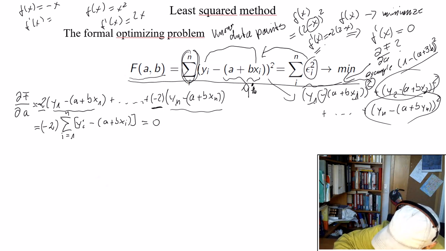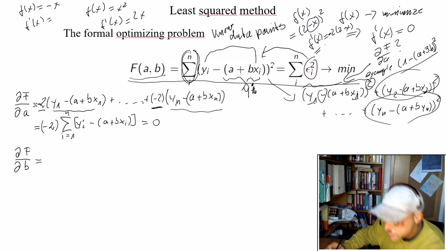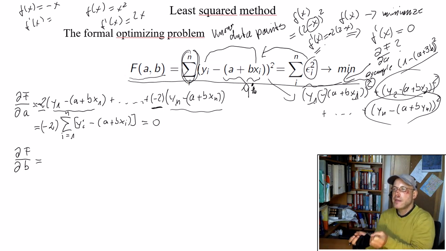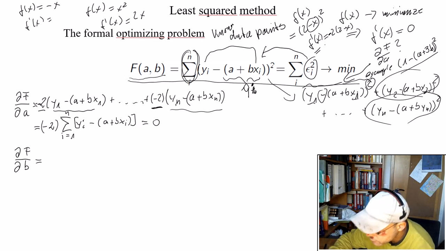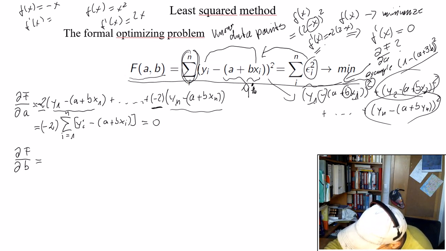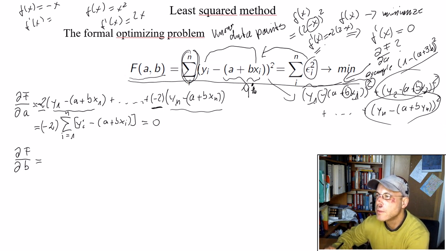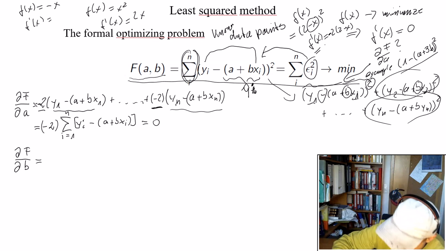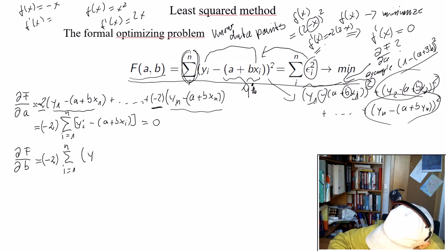Well, and of course, we also have to take the derivative with respect to b. Then the outer derivative is, of course, the same. Now, here is our variable where we want to take the derivative. And this, again, would mean we obtain -2 times the sum over i, again yi minus (a plus b xi).